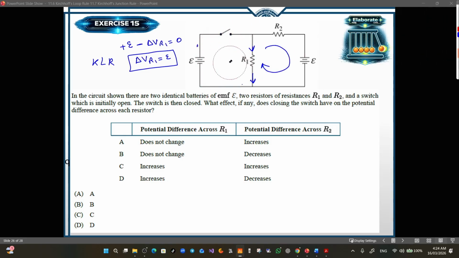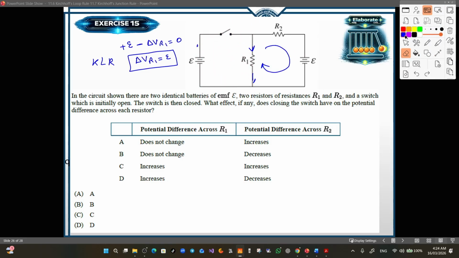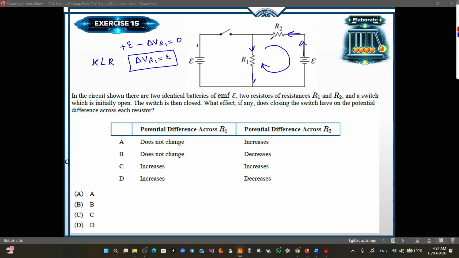Now let's consider the second loop. I will use the same direction of the current as before, in this direction. The direction of the loop will be clockwise. Let's start from this point. According to the loop direction, not the current direction, since we are entering the positive terminal of the battery, this is minus E. Now we complete the circulation.